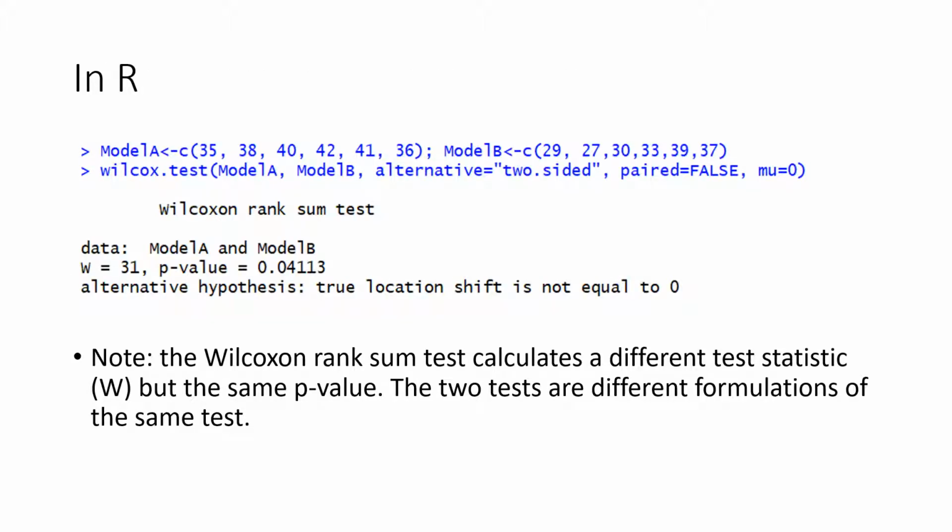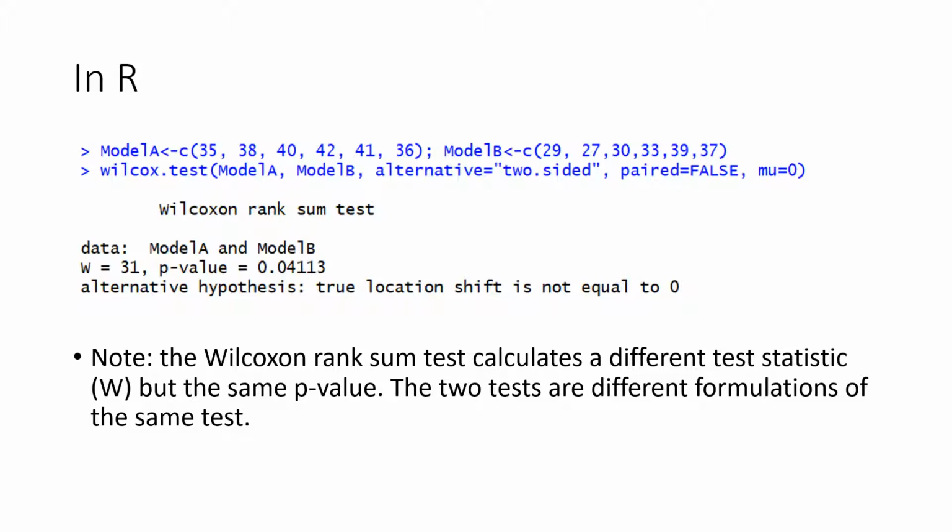When we want to implement this in R, as I mentioned earlier in the video, we use the wilcox.test function that we used earlier for the signed rank test, but we're going to specify here that paired equals FALSE. That way it knows to do the rank sum test, which is equivalent to this Mann Whitney test, instead of trying to do the signed rank test.